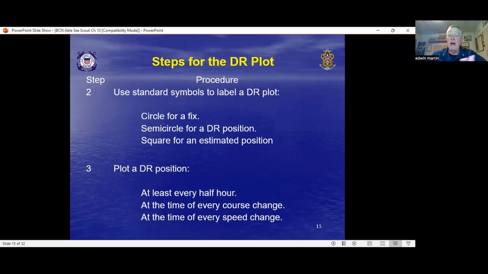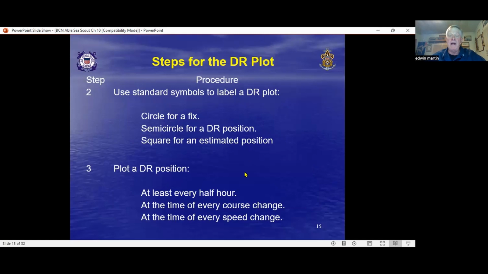The standard symbology, I showed you a cheat sheet on standard symbology. The semicircle for the DR position, usually a dot where the half hour falls, and then a semicircle around it. The DR position, at least every half hour.